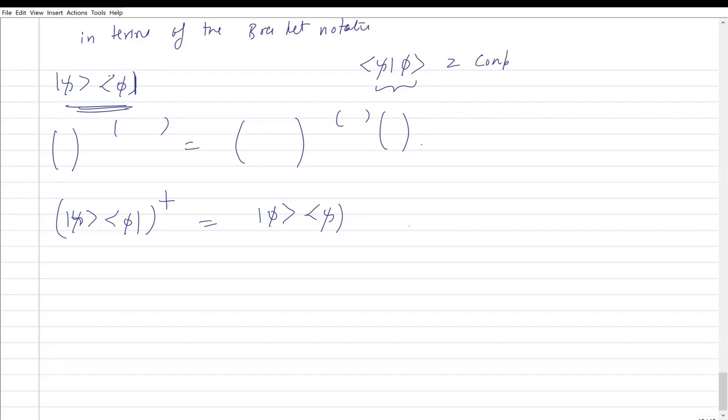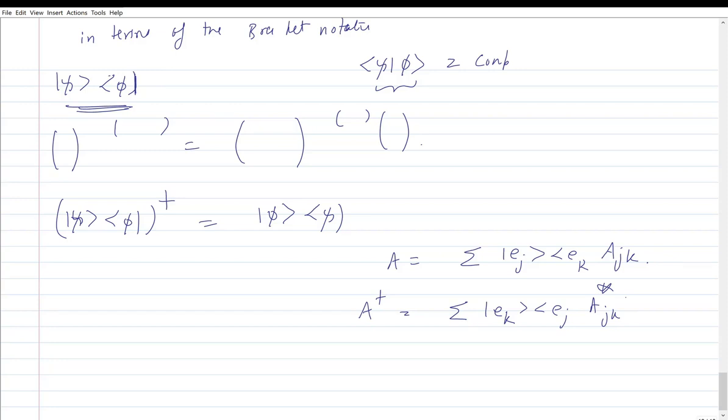So in other words, one more way to see this: the representation of A in terms of the matrix elements was jth row, kth column, the matrix element A_jk. A dagger was once again row and column swapped, and this guy becomes the complex conjugate over here.